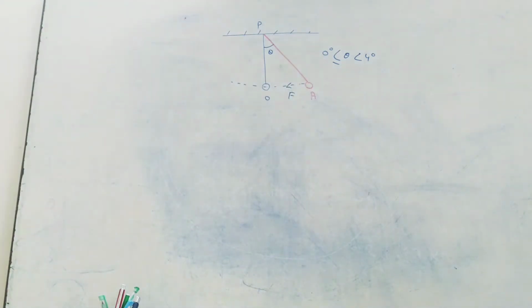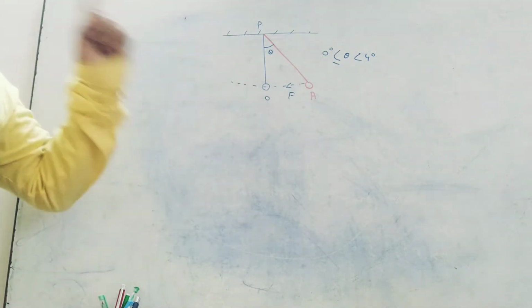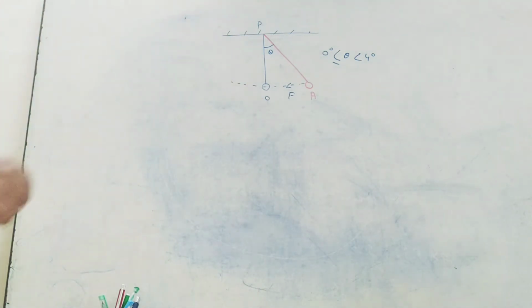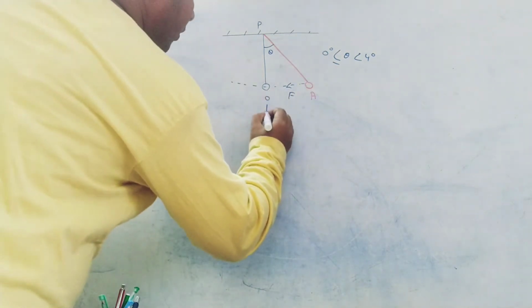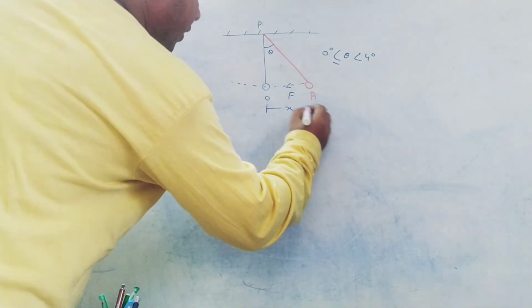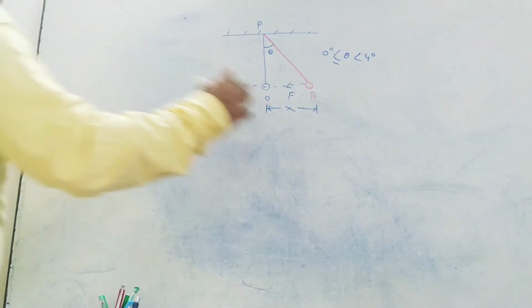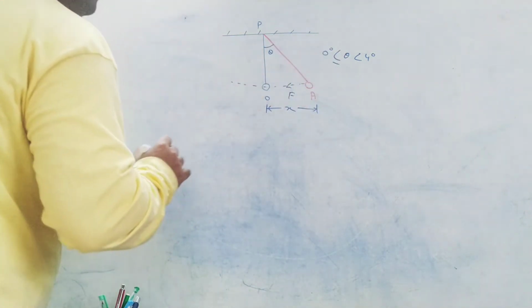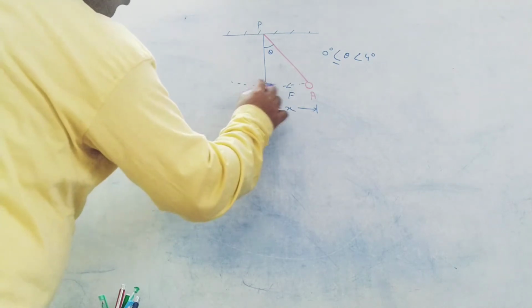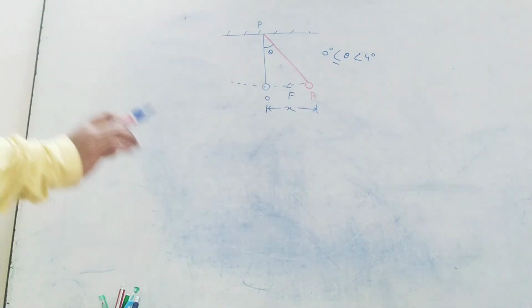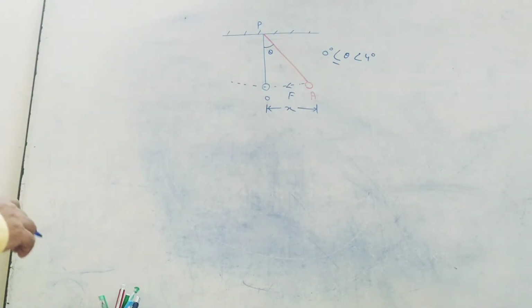Now the displacement of the bob is x. Since the angle theta is very small, we can consider OA a small line segment.